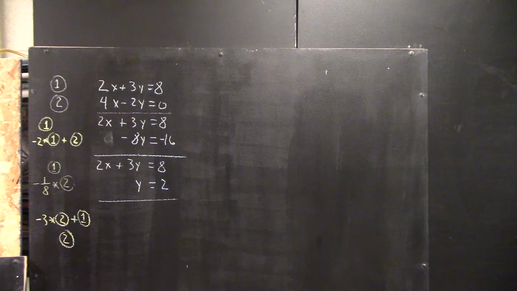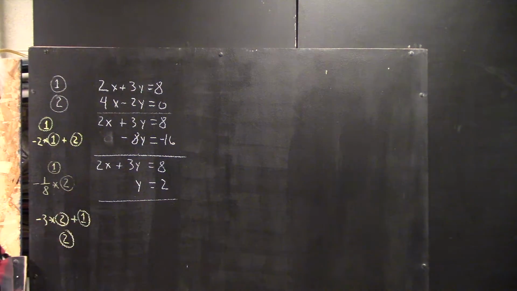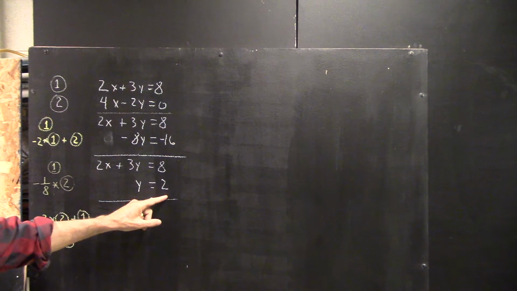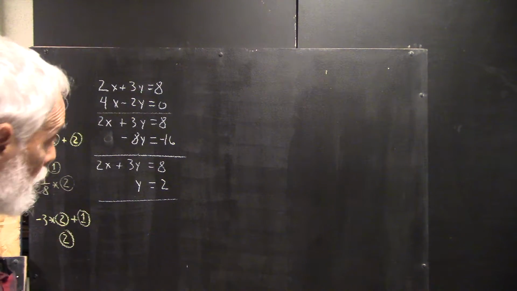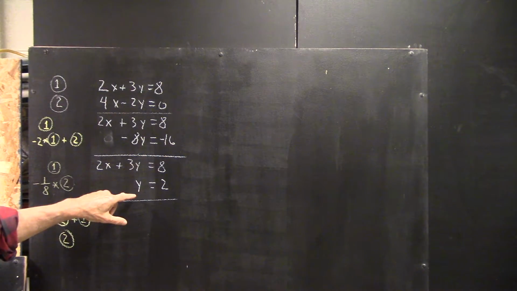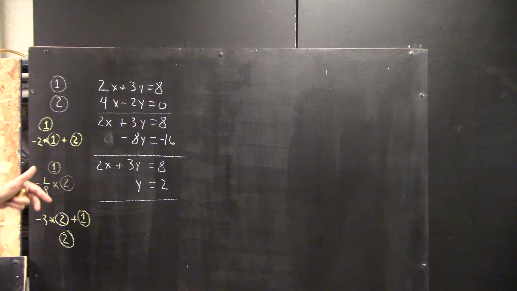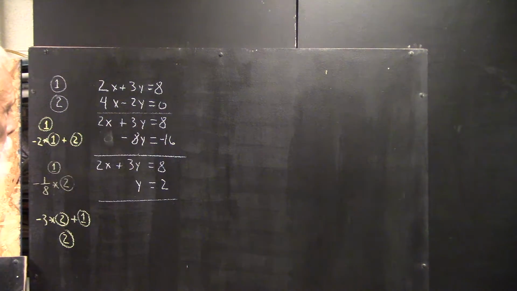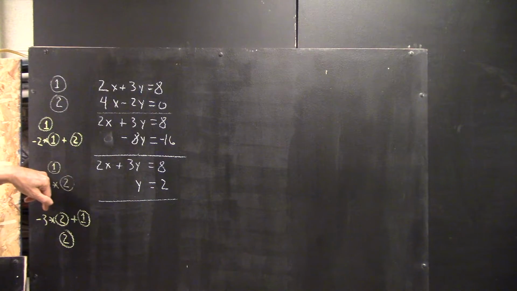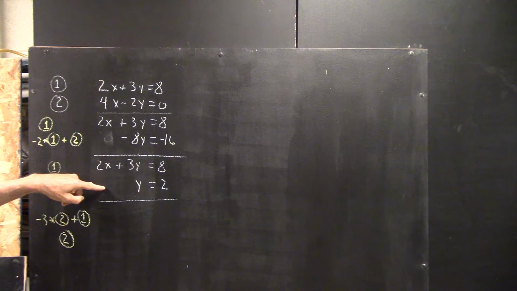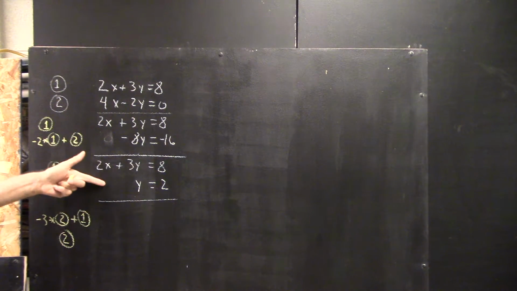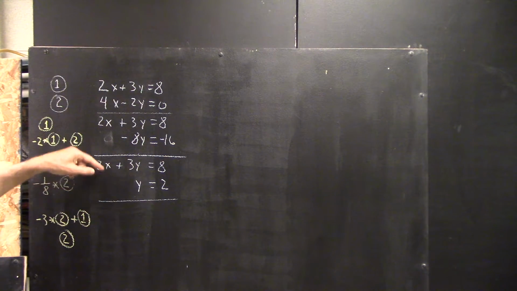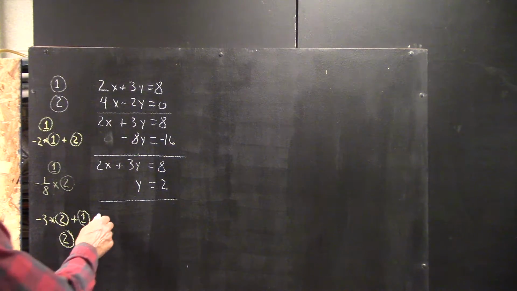Okay, so negative 3 times this equation, what's that? Negative 3y equals negative 6, right? You might want to write that down if you're not sure of this. So when I add negative 3 times the second equation to the first, I do that as before, term by term. So negative 3 times the x in the second equation, well, there's no x in the second equation, so negative 3 times the second equation is not going to give me any x, and I'm just going to still have my 2x here.